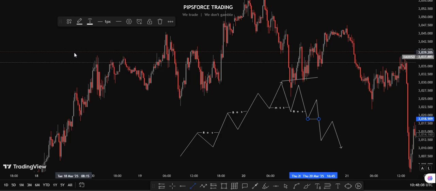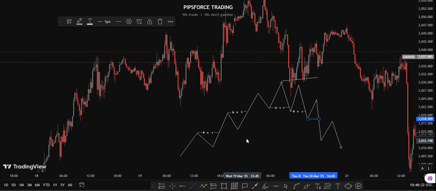So we are identifying whether market structure is continuing or it is reversing. A reversal is going to be your market structure shifting or giving you a change of character. And the continuation of the market structure is going to be when price keeps on breaking structure in a certain direction, either bullish or bearish.